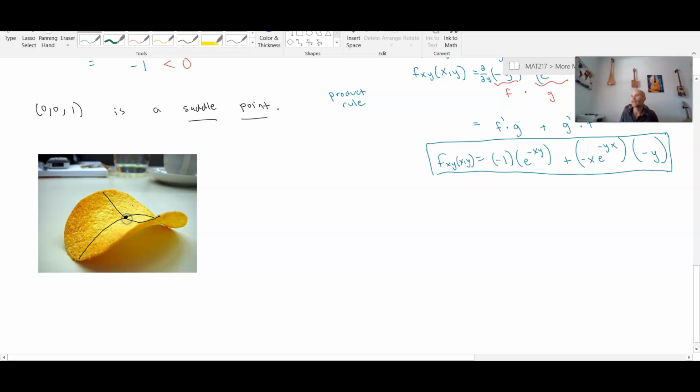So a saddle point is a point that is a minimum in one direction and a maximum in the other.